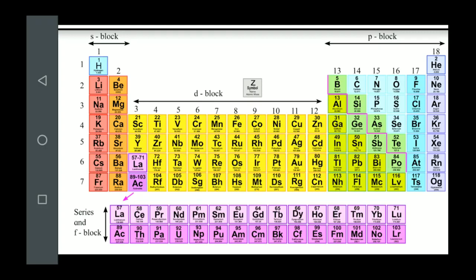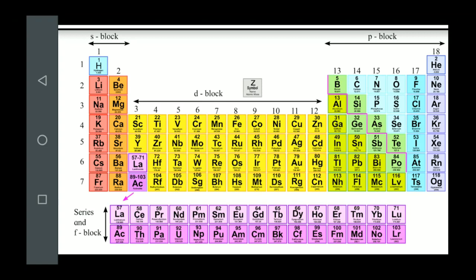Here, the last electrons are entering into the pre-penultimate 5f orbitals. Lanthanum and actinium are also written here just to show that they are the prototype of the elements that are present in the series.